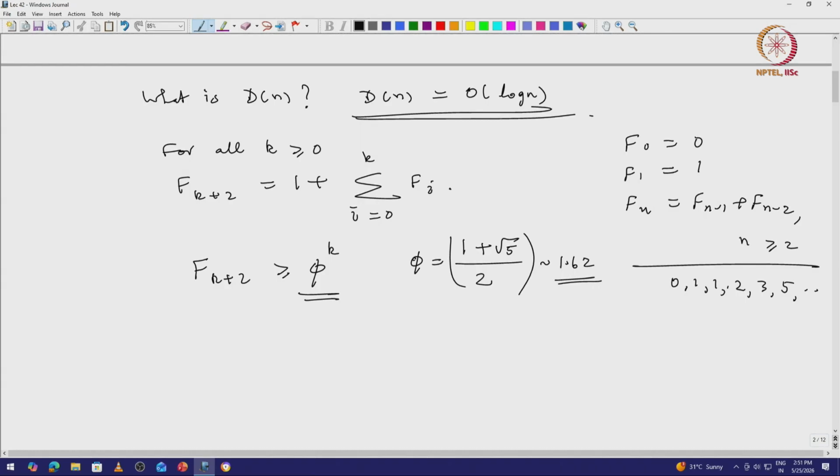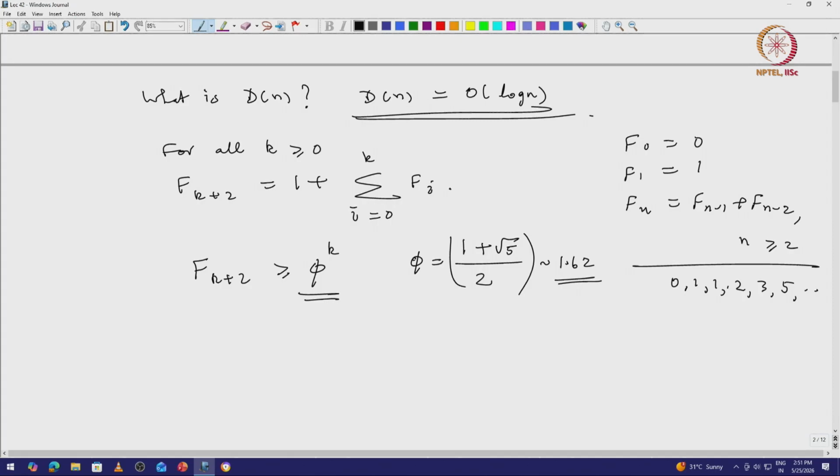So F of k plus 2 is exponentially growing, at the rate of phi.